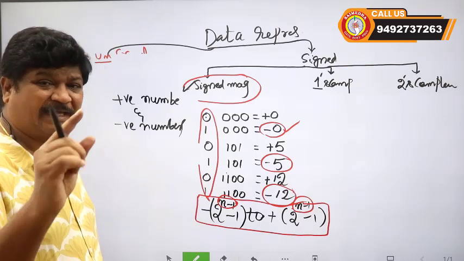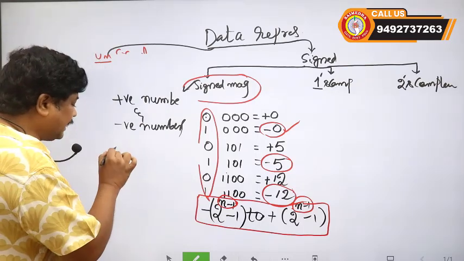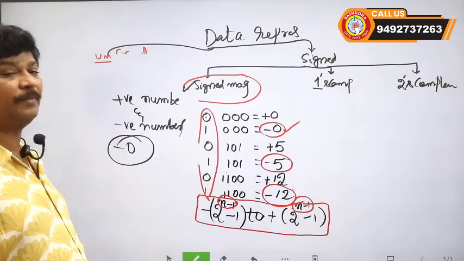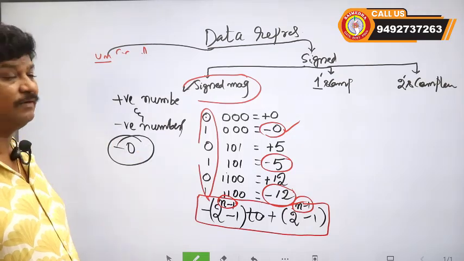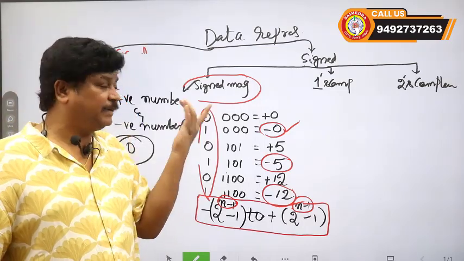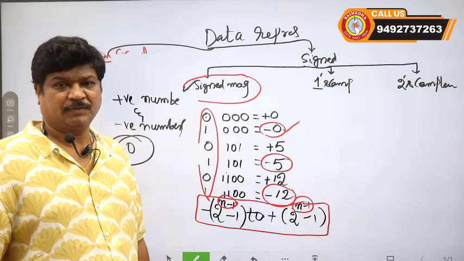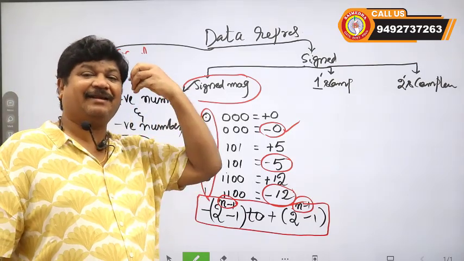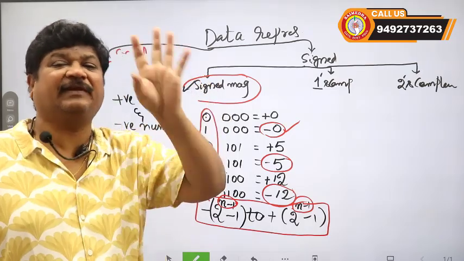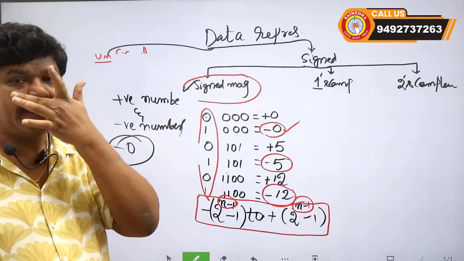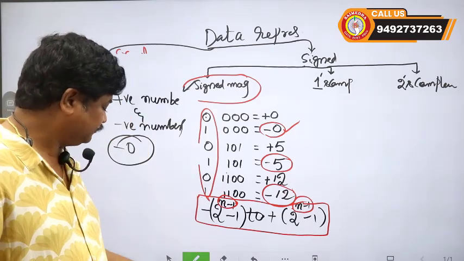But the drawback is, there is a negative 0 here. It is the drawback; the remaining are all advantages. Because of negative 0, this data representation may not be much popular. Of course, the previous one is not popular either, because there is no possibility of negative numbers. All the numbers are positive numbers only.